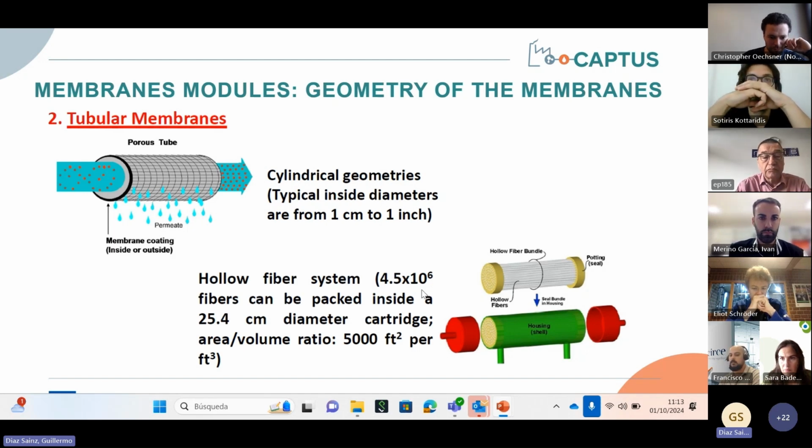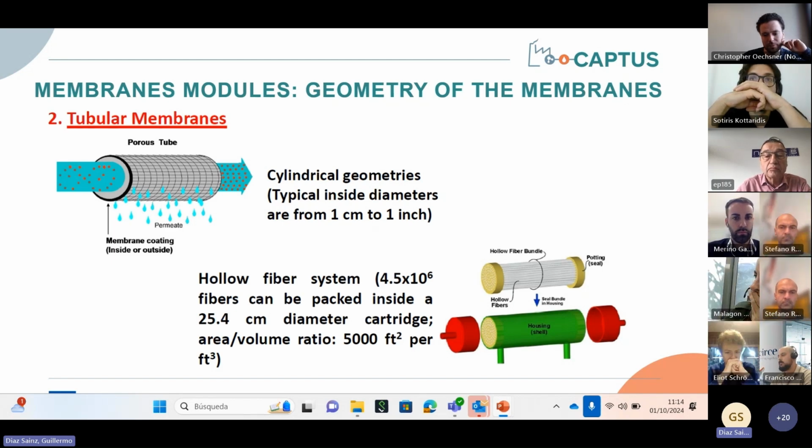In this case, this consists of a bundle of thin, flexible tube-like fibers with high packaging density. The most important advantages of this configuration are the extremely high surface area to volume ratio, the low energy consumption due to small pressure drops, and that it is compact and suitable for high volume separation.